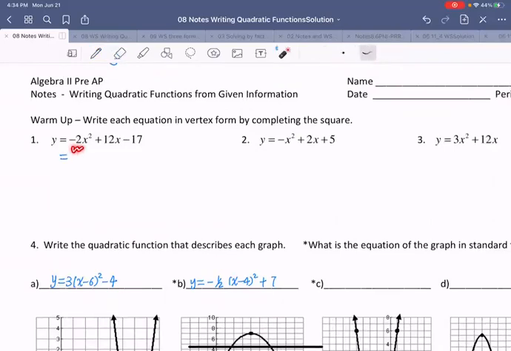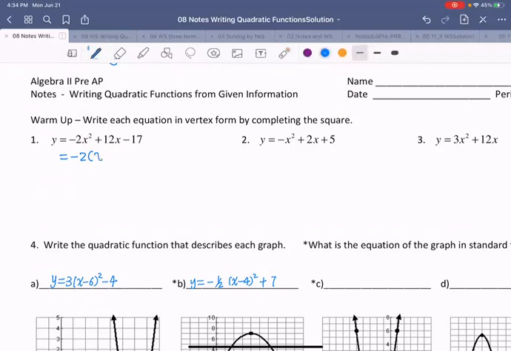What we want to do is take the -2 out, and then we will be able to factor, okay? We will be able to find the part to do the completing the square. Elizabeth, if I take the -2 from the first two terms, what do I get? x squared plus 6x.